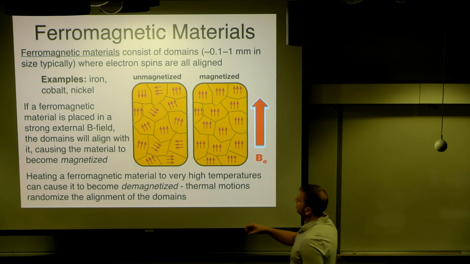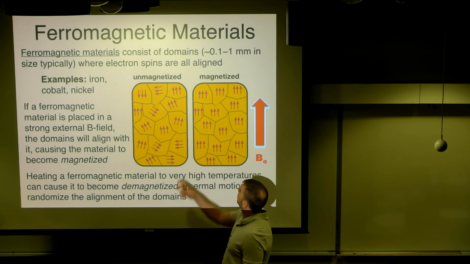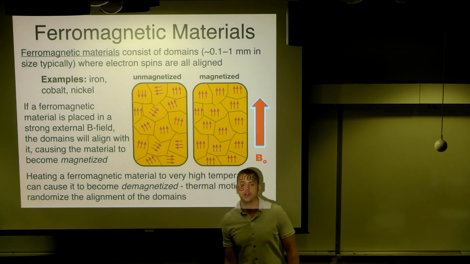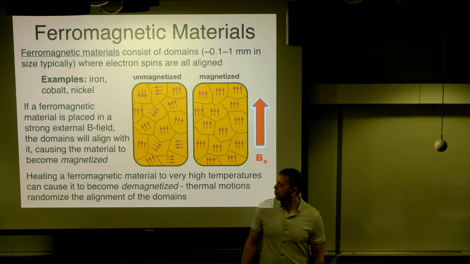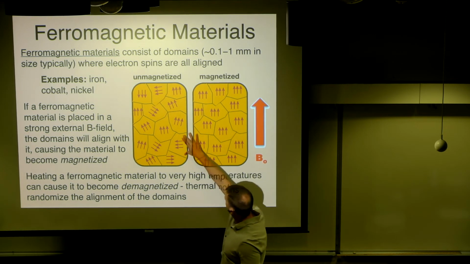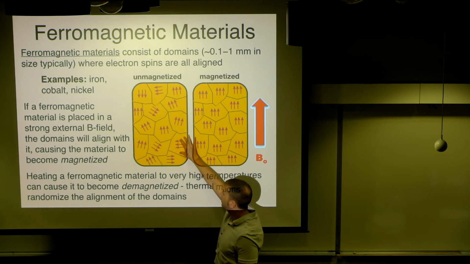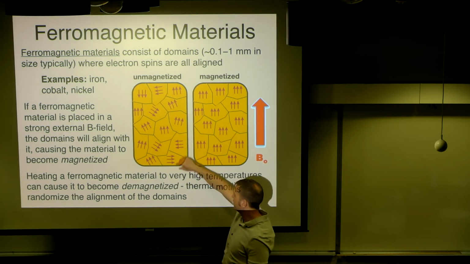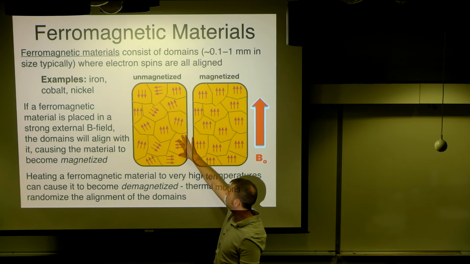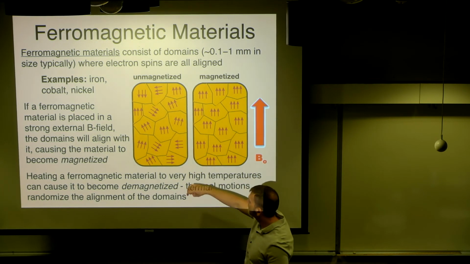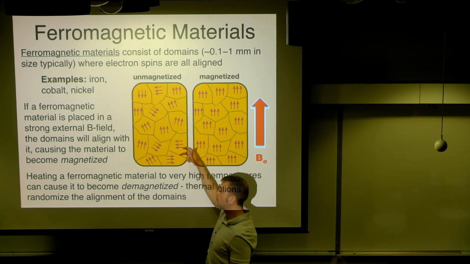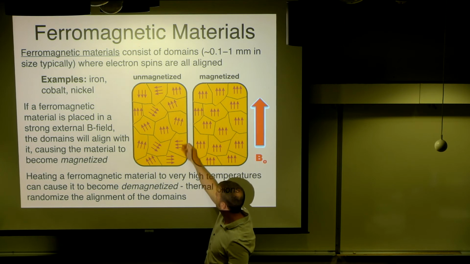And within each one of these domains, the electron spins are all aligned with one another. In other words, all of the electrons within a domain, let's just pick this one out as an example. This is a magnetic domain. Again, its size is on the order of hundredths of a millimeter to millimeters. Within that domain, all the electron spins are aligned.